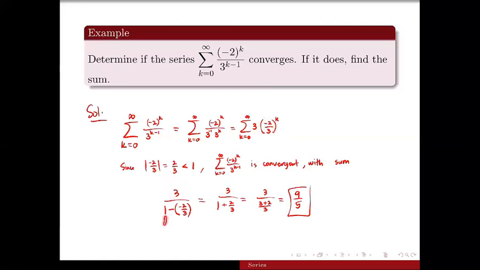So you have here 1 minus r, so you have 1 minus negative 2/3, and that's just 1 plus 2/3 in the denominator. 1 plus 2/3 is 5 over 3, and the numerator is 3 here. So it's 9 over 5.